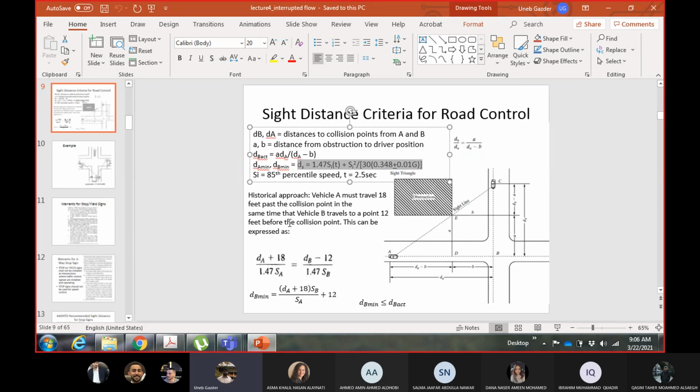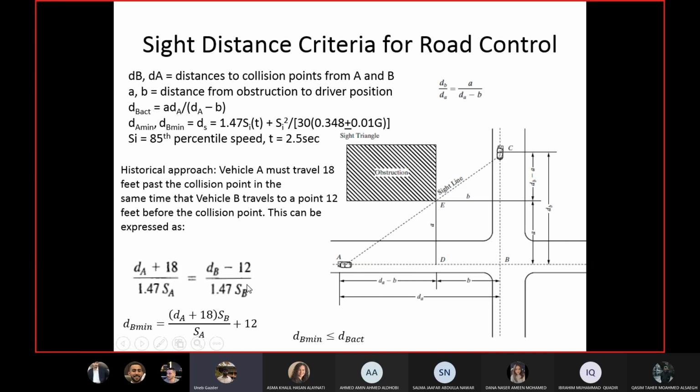And the other approach which we use is that vehicle A must travel 18 feet in front of the collision point in the same time when vehicle C is reaching 12 feet before the collision point. This was the second criteria from the historical approach, and we use this criteria to find out the other dB minimum.